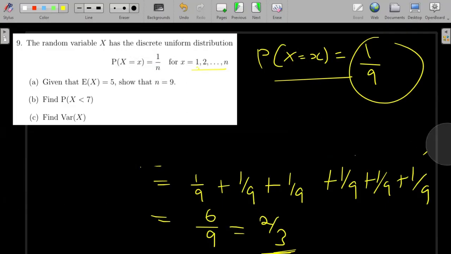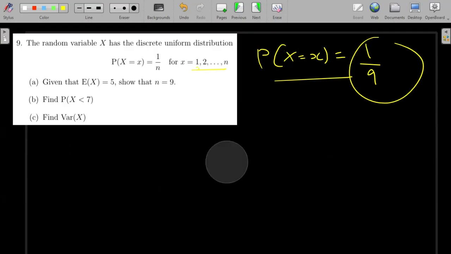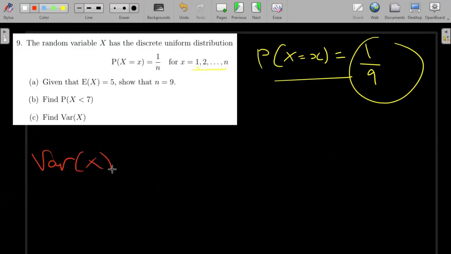Then let's find the variance. For the variance, you also just have to know the formula. The variance under the uniform distribution is given as n squared minus 1 divided by 12.